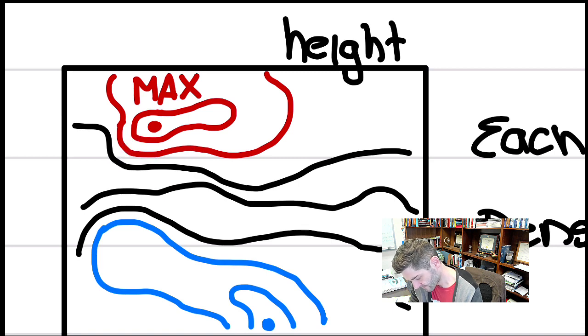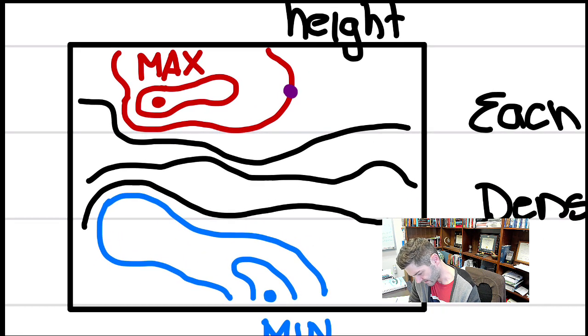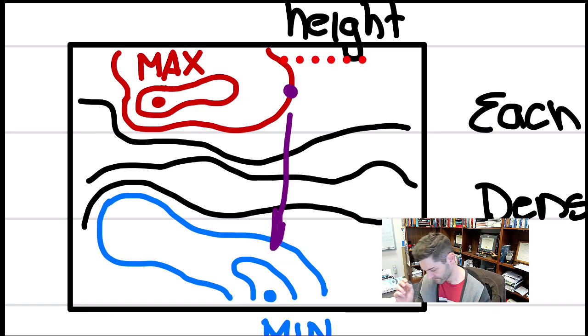Similarly, if I went up in this direction. Versus if I'm out here and I want to know how to change my elevation the fastest, you might say the minimum is down here at the bottom, so maybe I'll just draw a line that points to the minimum. That would be incorrect.